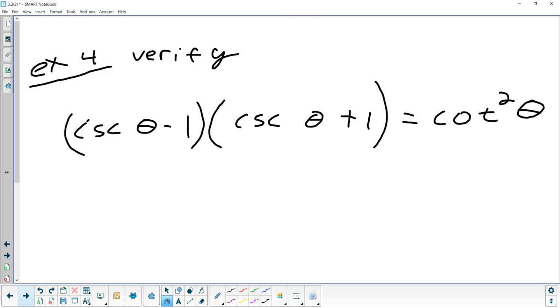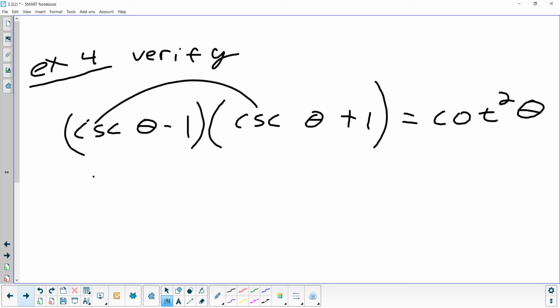So when you see conjugates, FOIL them out as the first thing you do. Always. And sometimes the problem is done very quick. This problem will be done in 2 steps if you FOIL conjugates. Okay. Let's start with that. What's cosecant times cosecant?